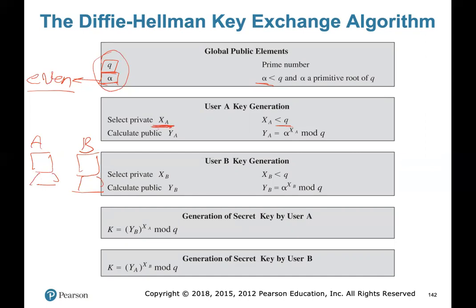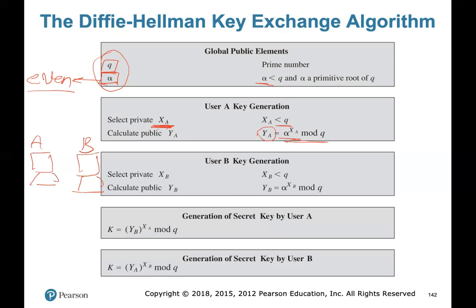Alice also calculates something based on this XA, which is alpha to the power of XA, modulo Q, of course. And this is called YA, which is the public key of Alice.